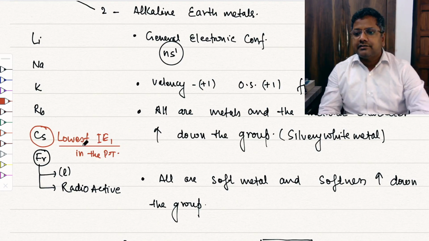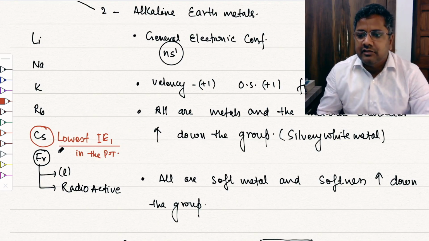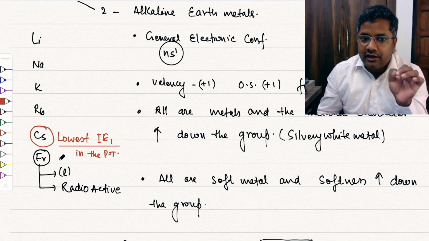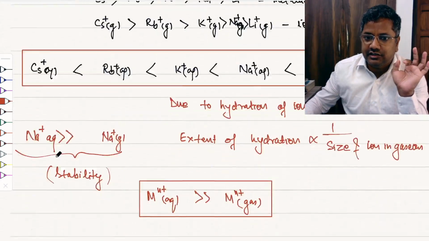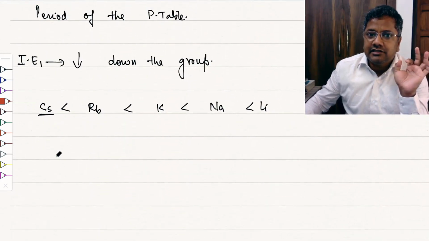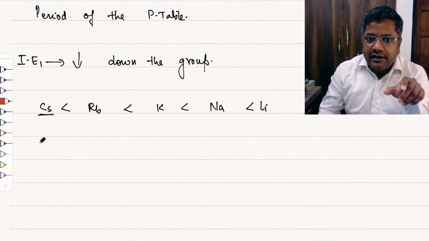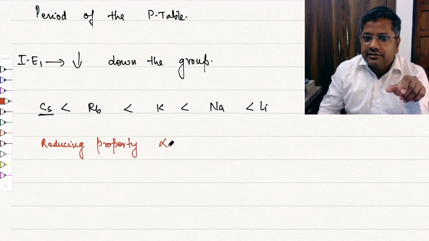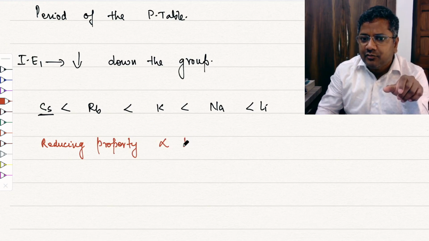Which makes cesium the best reducing agent in the whole periodic table in the gaseous state. Remember, in the gaseous state, because reducing property is inversely proportional to the ionization energy in the gaseous phase.